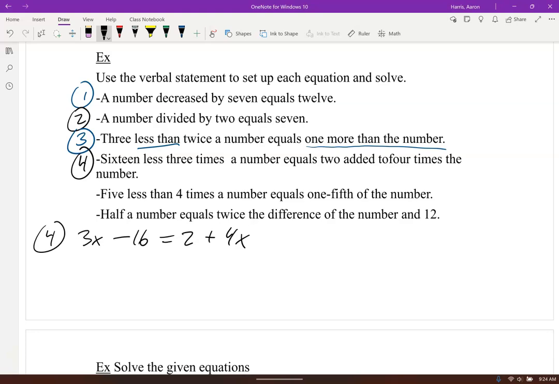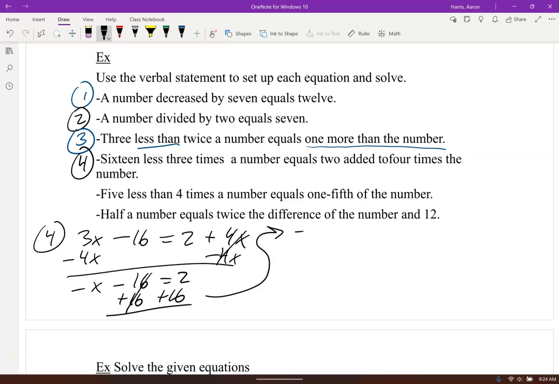Let's get all our x's on one side. Get your numbers on the other side. So we got negative x equals 18. Divide by negative 1. So x ends up being negative 18.